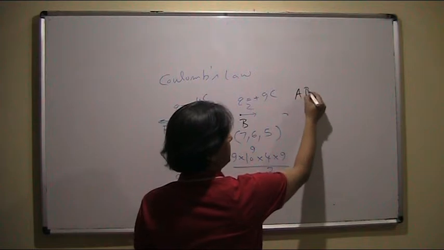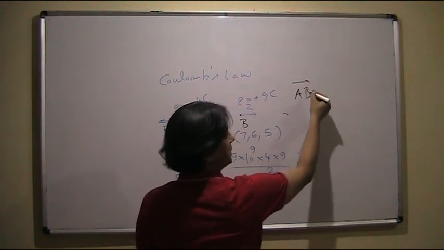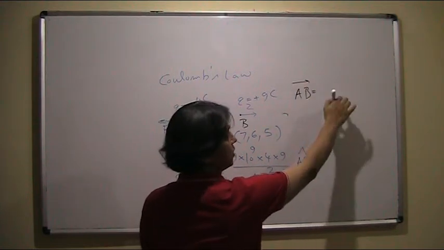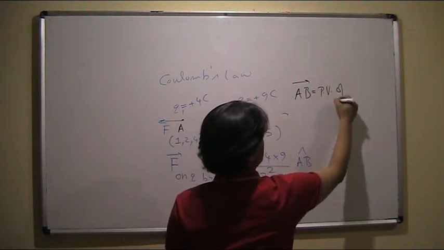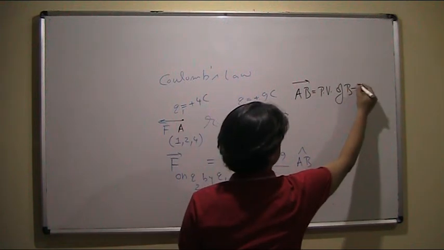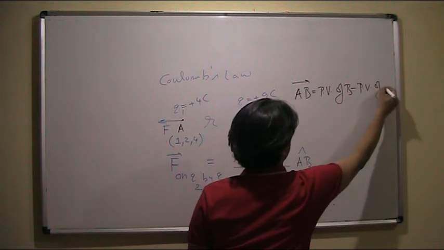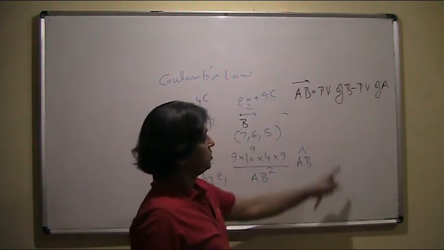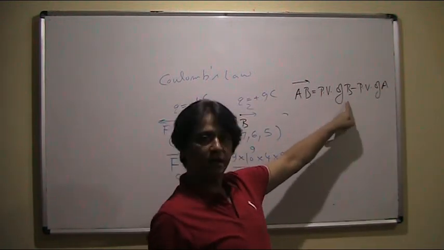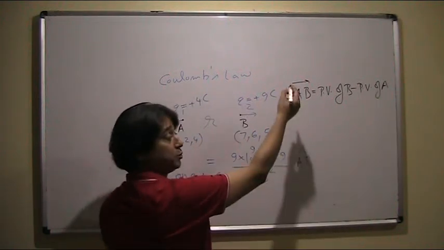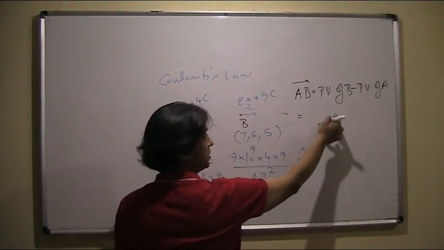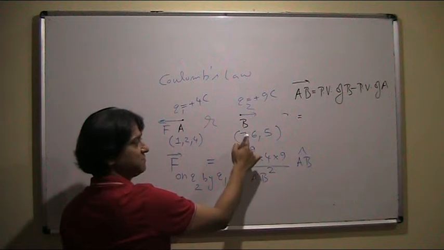Vector AB can be calculated with the help of this formula. AB is position vector of B minus position vector of A. And how do you write position vectors? It's a very simple thing. Position vector of B, this is 7, 6, 5.